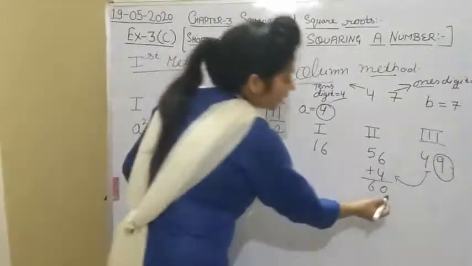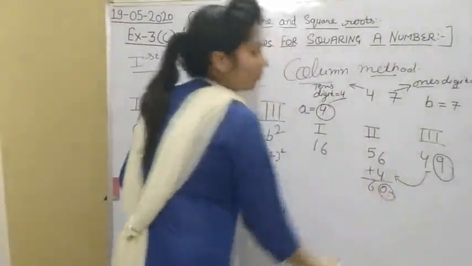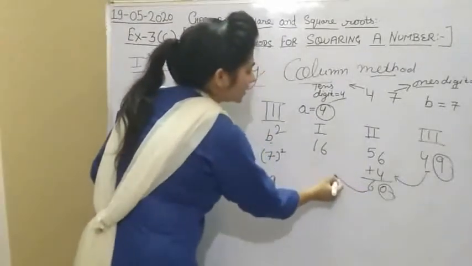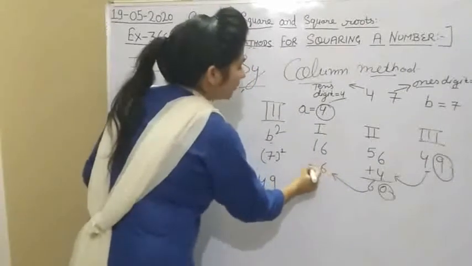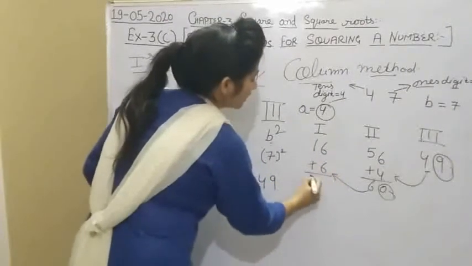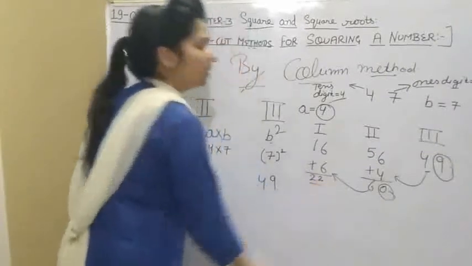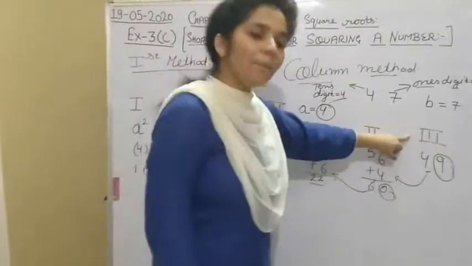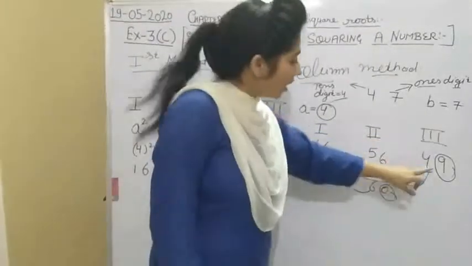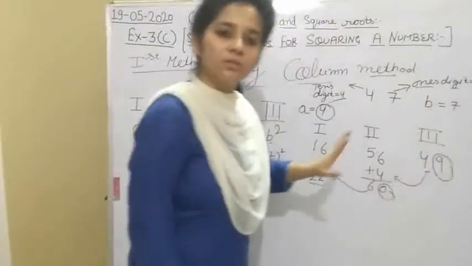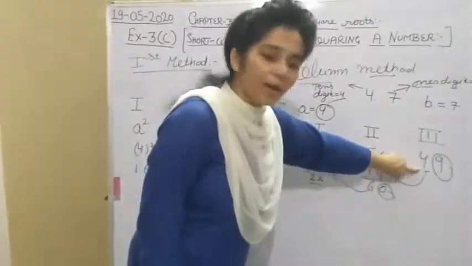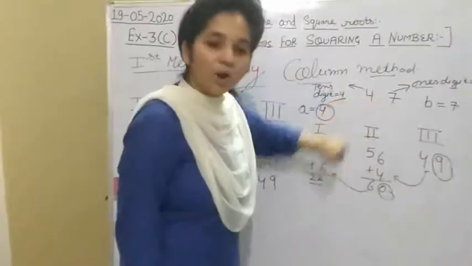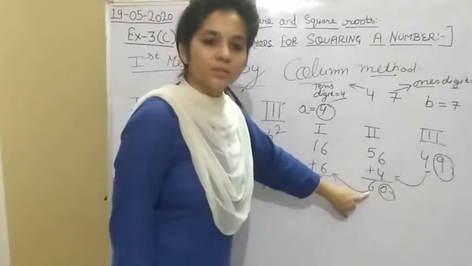Again, circle the ones digit and carry over the tens digit to the first column, that is equal to 22. आपने क्या करना है, जो भी आपके पास थर्ड कॉलम गिवन होगी, आपने उसके ones डिजिट को सर्कल करना है और जो रिमेनिंग डिजिट होगी उसको क्या देना है, कैरी टू द सेकेंड कॉलम, दैट इज इक्वल्स टू 60.